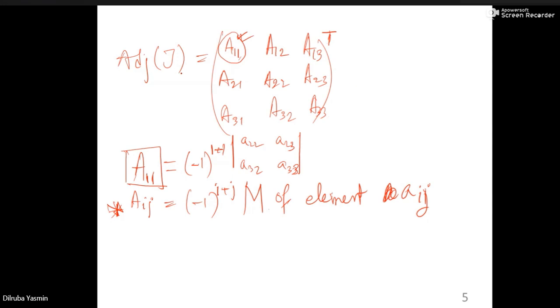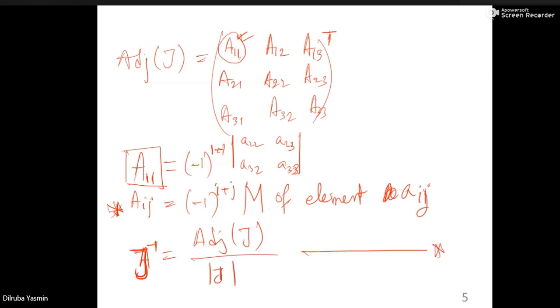Then you have to apply this formula. Okay, you can write here the inverse of the Jacobian matrix. Then you have to do this operation to get the inverse Jacobian matrix. So you already know the determinant operation of a square matrix. Just do the operation here.